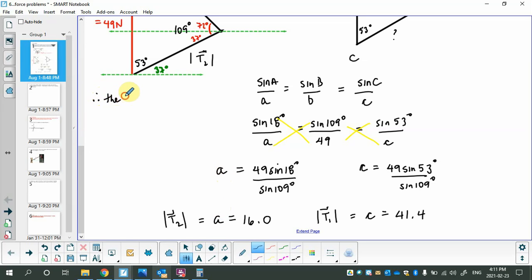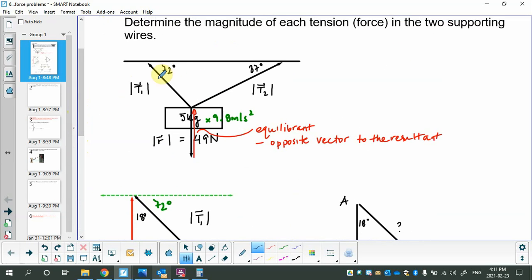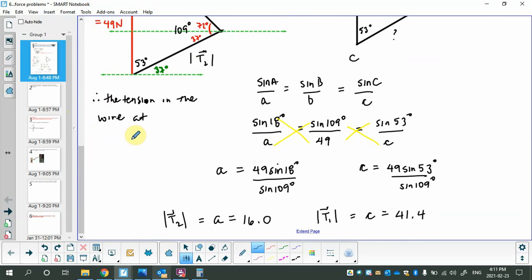So the tension in the wire at, so I'm going to do T1, and T1 is at 72 degrees, is 41.4 newtons.